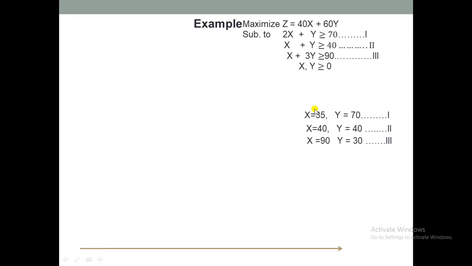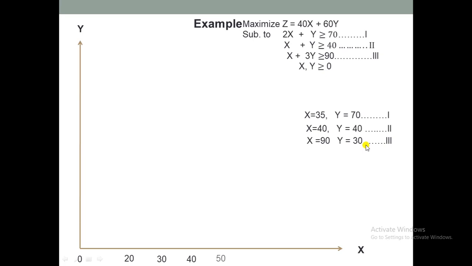We'll plot the coordinates along the graph. So x-axis, y-axis. Now the maximum value of x is 90, the maximum value of y is 70. So we want the coordinates within this only, 70 or maximum up to 90.